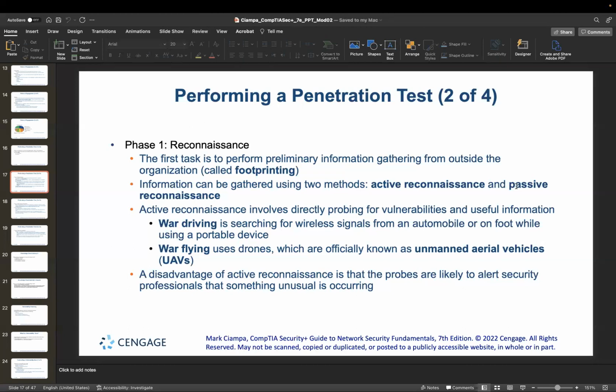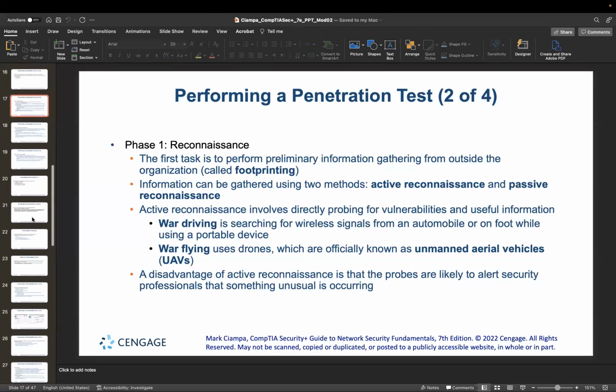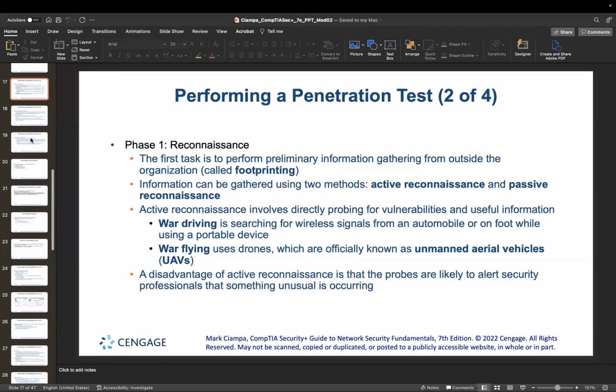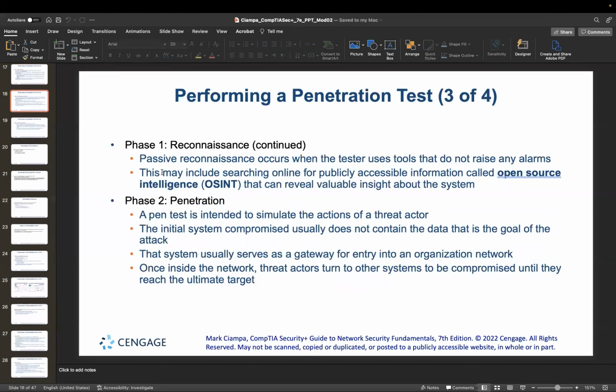Hey, what's happening? Someone is trying to do something. If you're sitting in a parking lot with an old laptop and a huge antenna on your wireless adapter, then you may alert people. So active war driving may alert people easily, and they either question you or they can figure out an attack is actually supposed to happen.